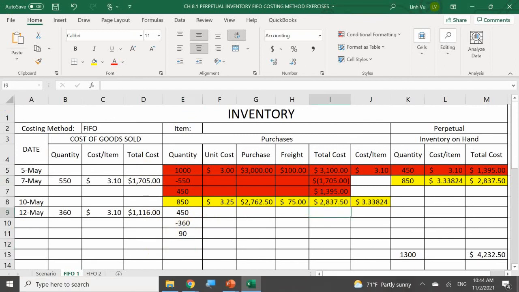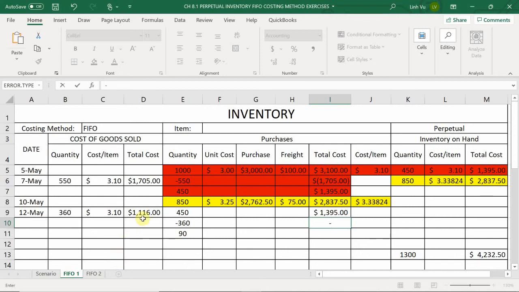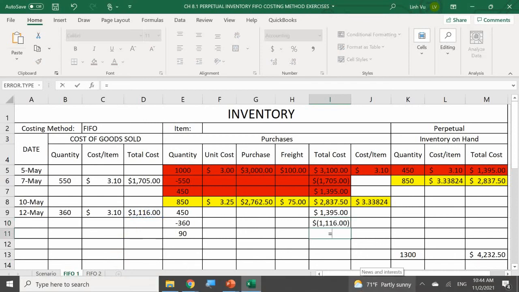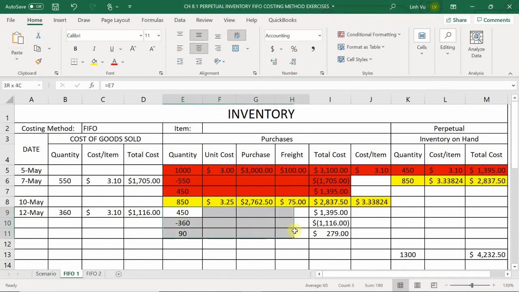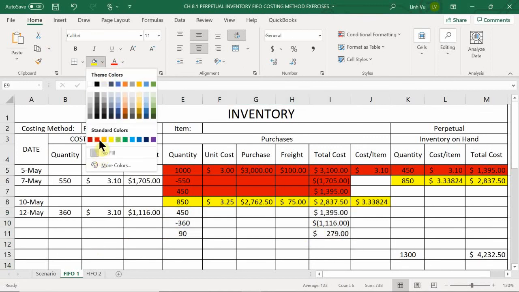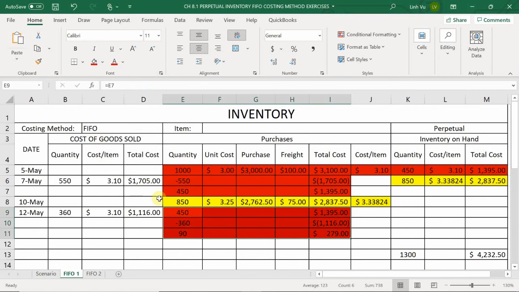So same thing here. If you want to double check your work, you could take your total cost and do the same thing here where you start with $1,395, and you sold $1,116. You should have a total of $279 left. And this right here, once again, all belonged to my red batch of inventory, just so I can keep track of it.